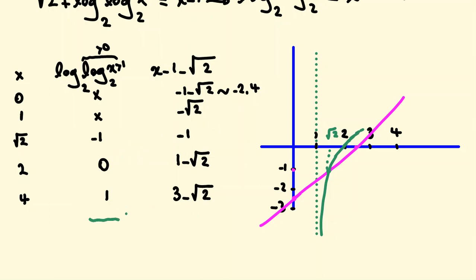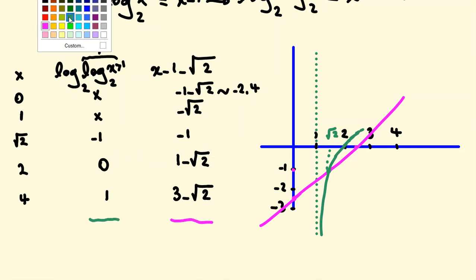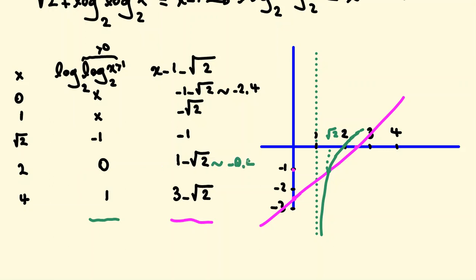The green one is this log. The pink one is what? This one. Now, if I pay attention here, for root 2 they are equal. After that, for example, in 2 it is 0, it is negative because it is around 1.4, it will be negative 0.4. It will be less than this. So look, the green one is greater and it's obvious in our figure.